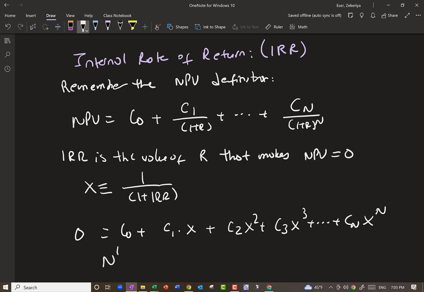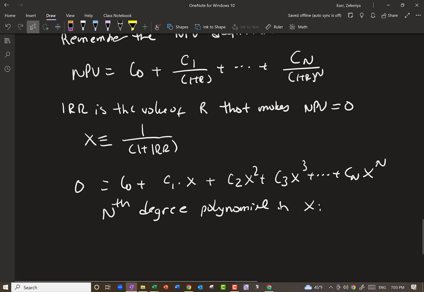It's basically an nth degree polynomial in X. Generically, an nth degree polynomial has n possible roots. Some of them may be imaginary, as in complex numbers.